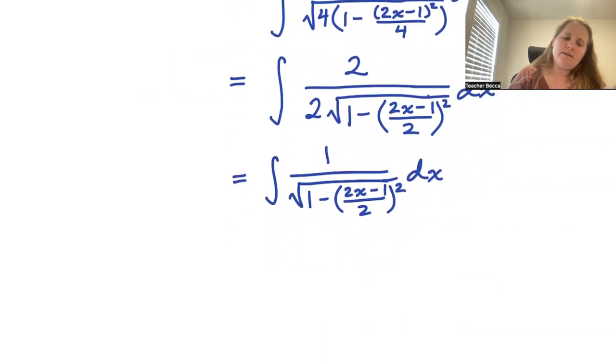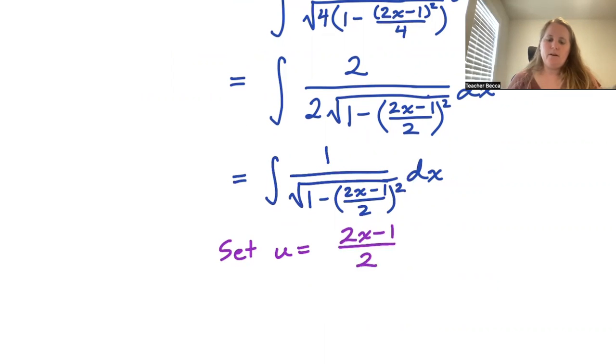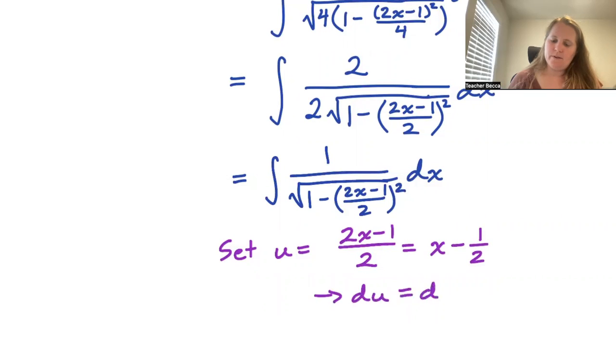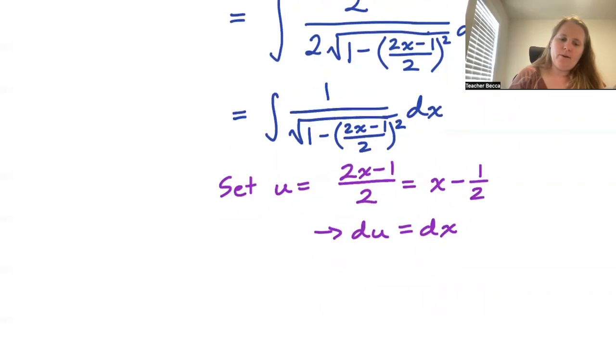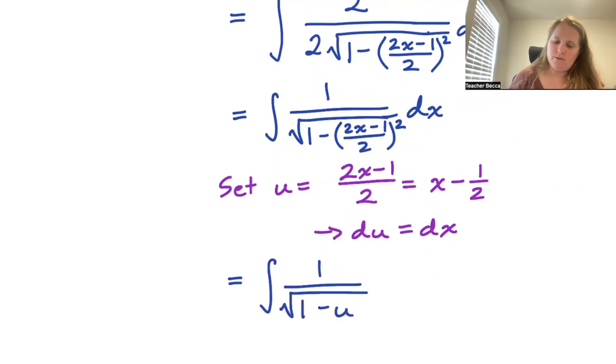Now, if we set u to be 2x minus 1 over 2, otherwise known as x minus a half, then du is simply dx. And we are now looking at the integral of 1 over the square root of 1 minus u squared du.